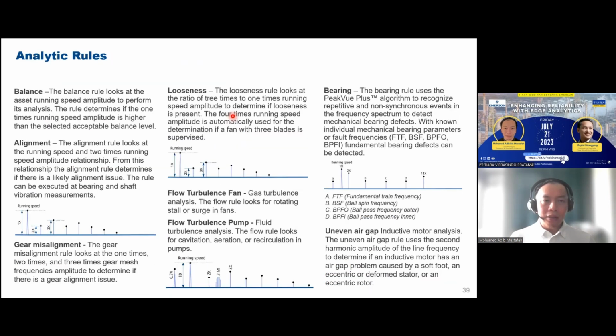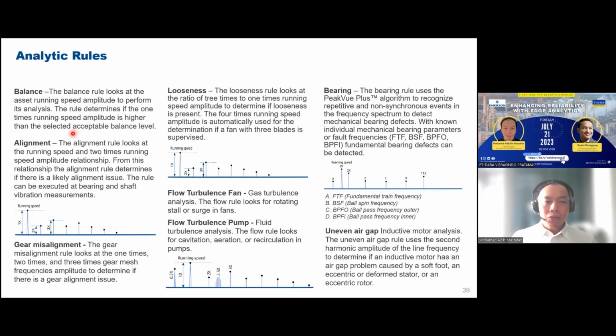As I think most of you are very familiar, for example, just to show imbalance, if you look at the one-time running speed, and if the alarm on the one-time running speed is triggered, the alarm based on either ISO or the own setting, it will trigger the imbalance analytics health bar graph that you see earlier.